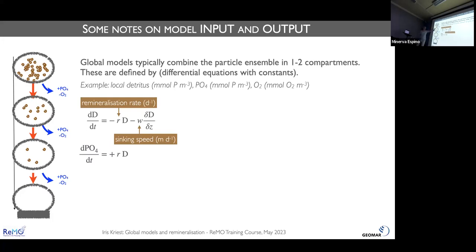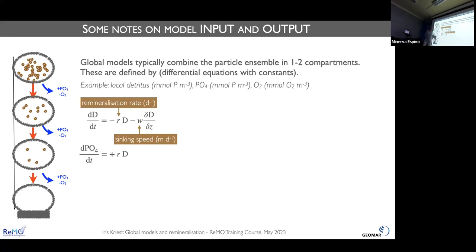So we consider a single box, something sinks in from above and sinks out to below. And typically these rates come in units of per day. This is something that was presented earlier today. This would be the decay rate that's observed divided by the concentration of the aggregates, for example.